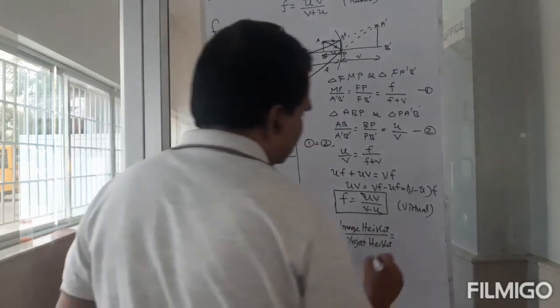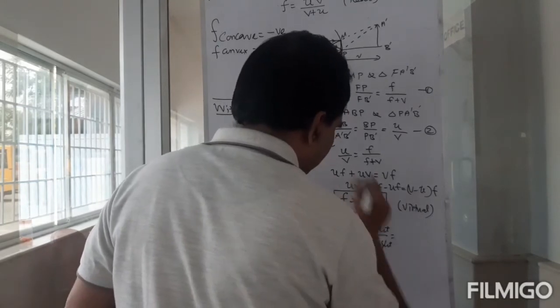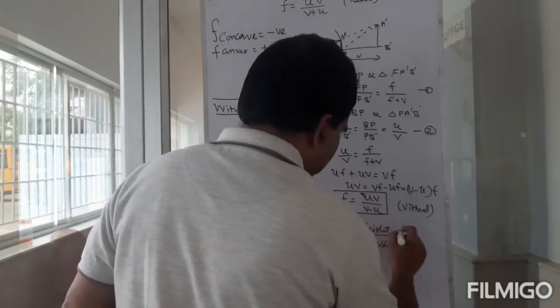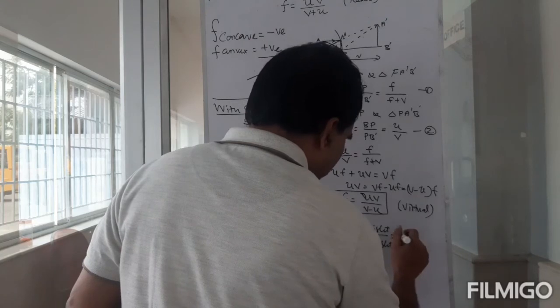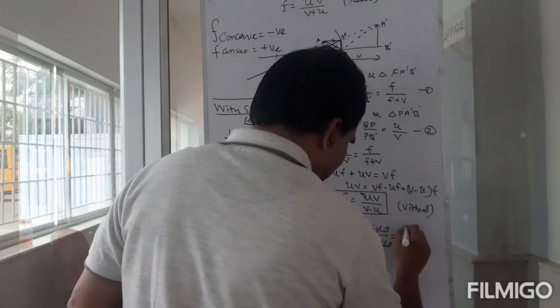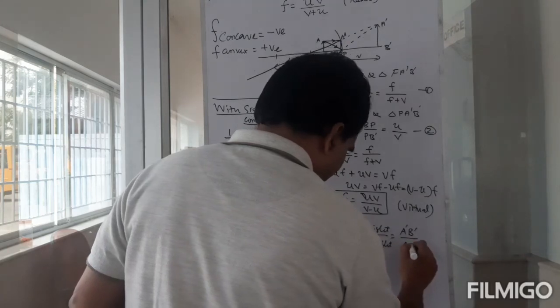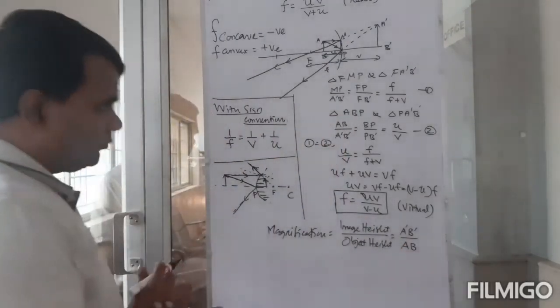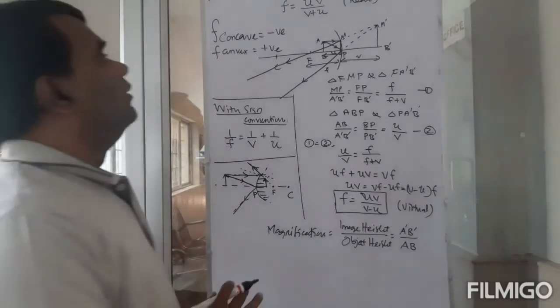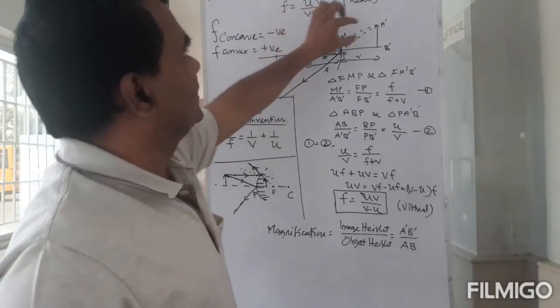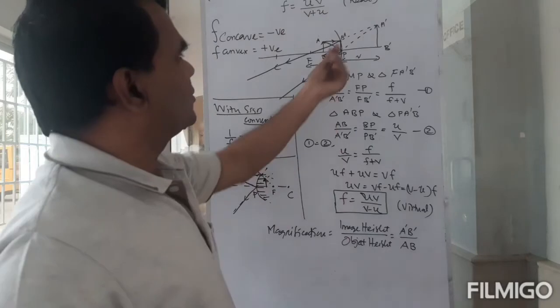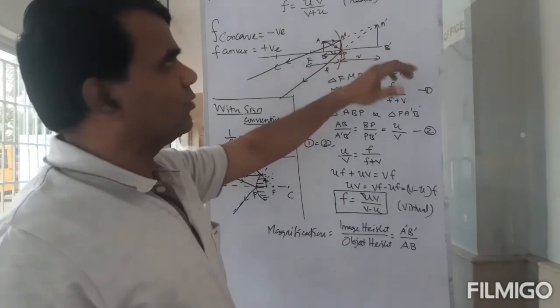Which is equal to A dash B dash by AB. Okay? Just like this, A dash B dash divided by AB. So you can clearly see this, right? What can you see?